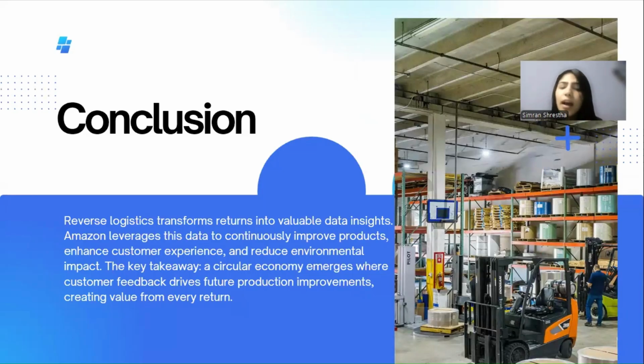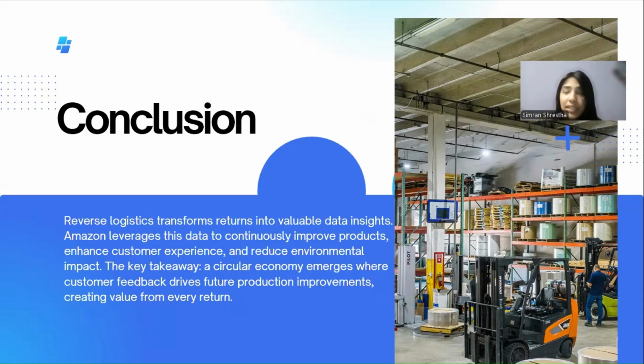So in conclusion, reverse logistics plays a critical role in modern e-commerce, especially for large platforms like Amazon. Amazon has successfully transformed the challenges of product return into an opportunity for data-driven improvement. By collecting and analyzing return data, Amazon enhances customer satisfaction, improves product quality, and reduces environmental impact.